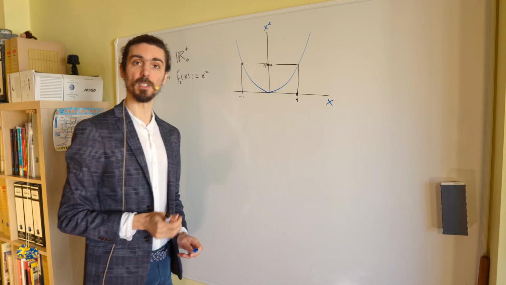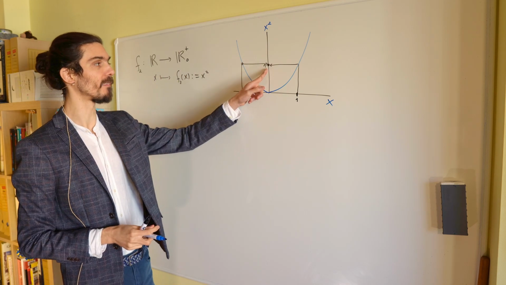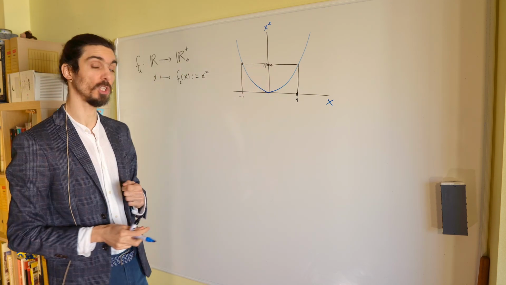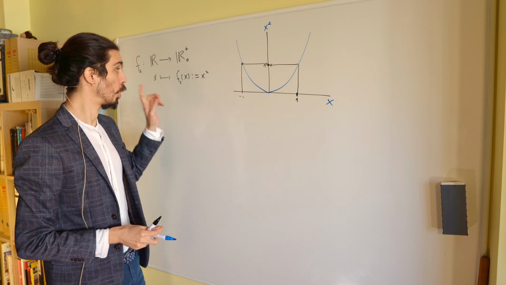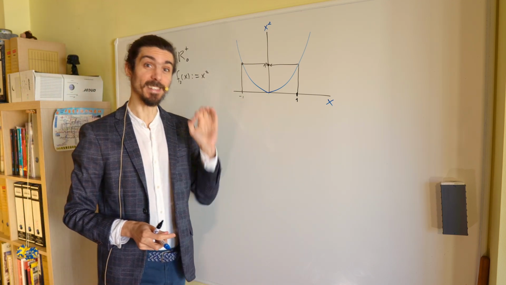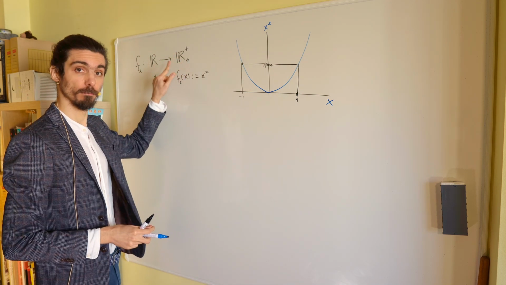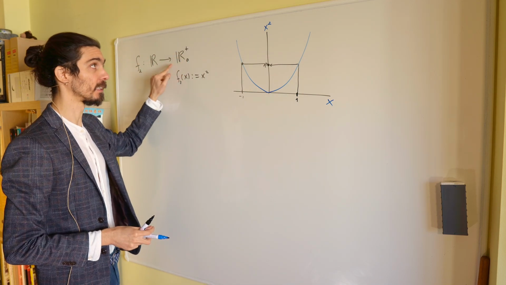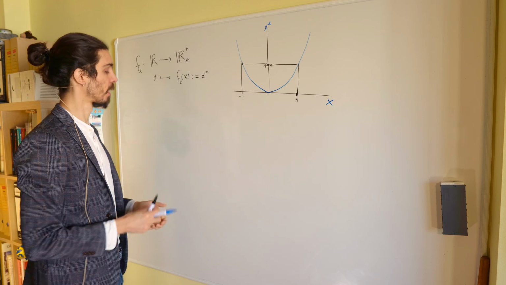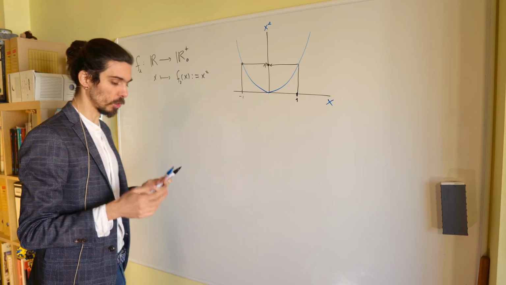So we have two elements in the domain mapped into the same element in the range, and thus this is not 1 to 1. Note, however, that it is onto, because I chose the codomain as the range for this function.